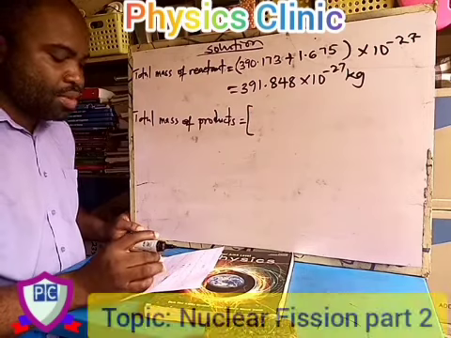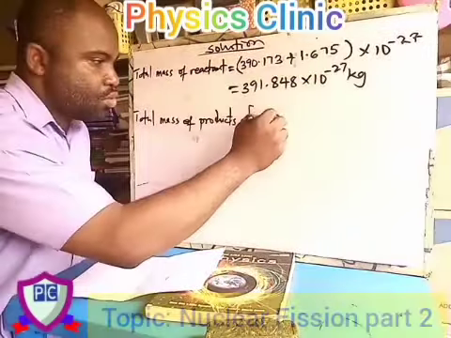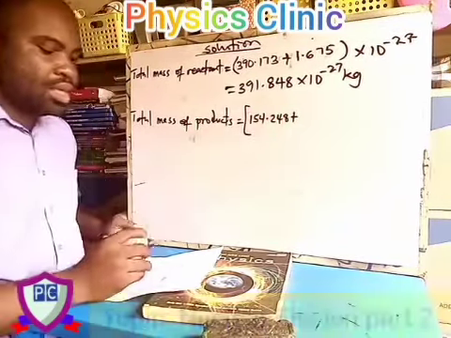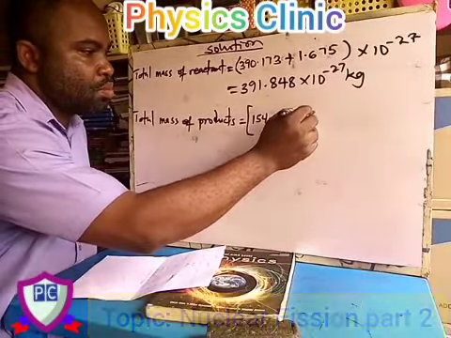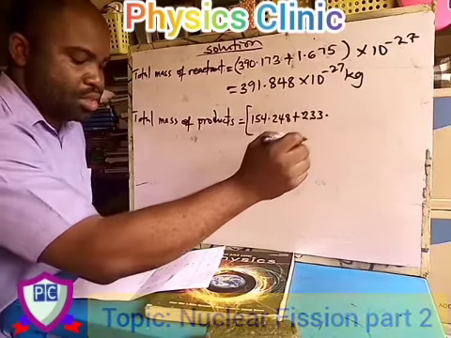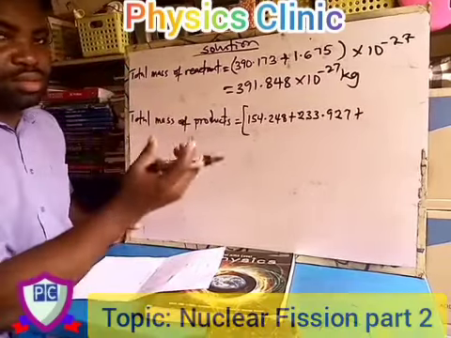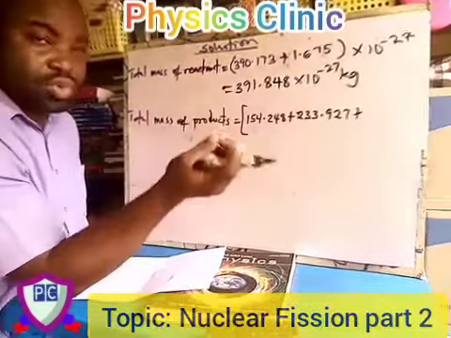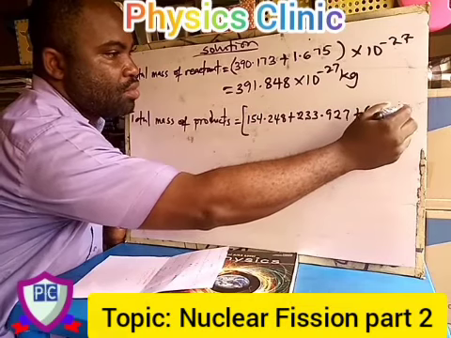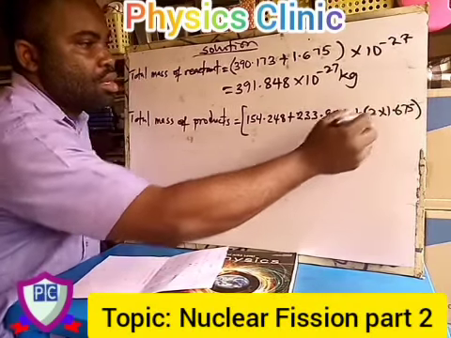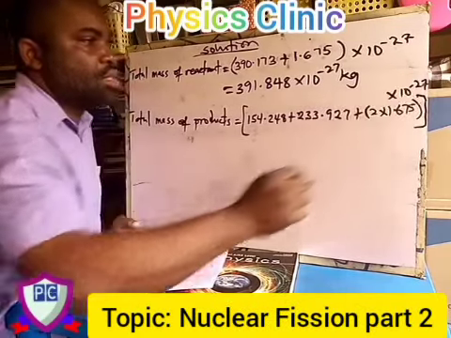The mass of rubidium is 154.248 plus the mass of cesium-141, which is 233.927, plus the mass of 2 neutrons. Since it's 2 neutrons, we are going to have 2 times 1.675, and everything is times 10 raised to the power minus 27.